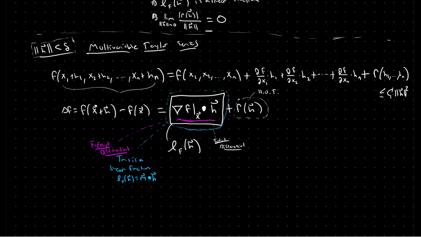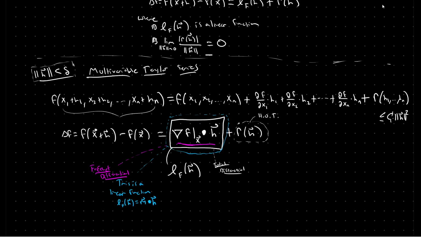And this is why we call this the Frechet differential, or total differential, of our multivariable function f, mainly because this is a linear function, and it approximates the total increment of the function in this way.